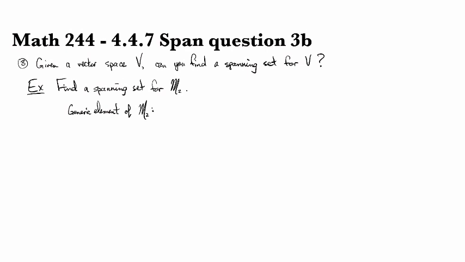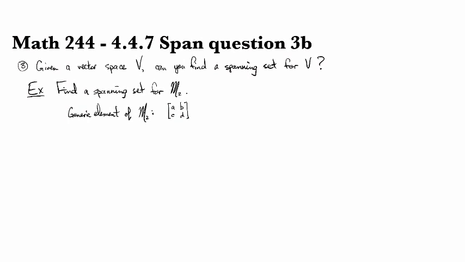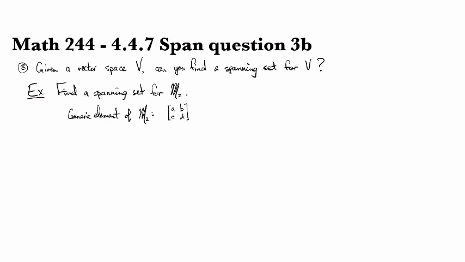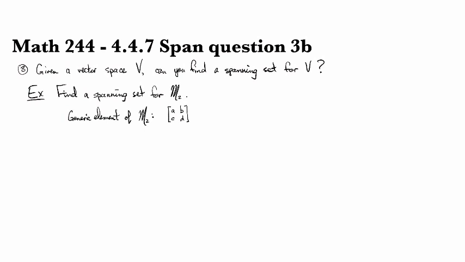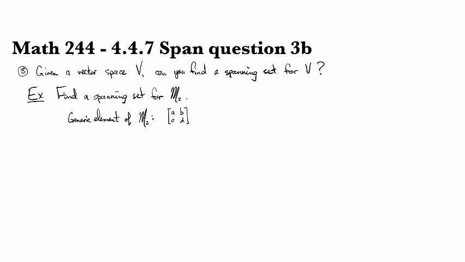A generic element of M2 looks like A, B, C, D, and there's no constraints. There's no relationships that have to exist between A, B, C, and D in order for this to be a matrix in a 2 by 2 matrix. That's it. There's no condition. So I say, okay, how could I build a critter that looks like this?